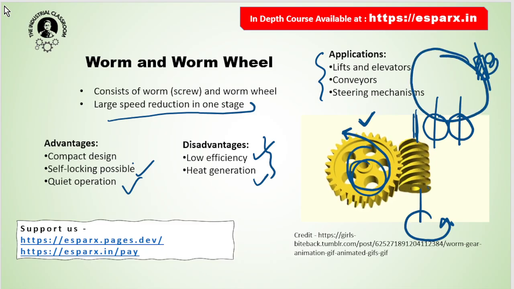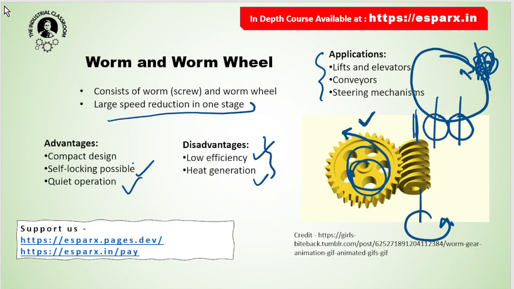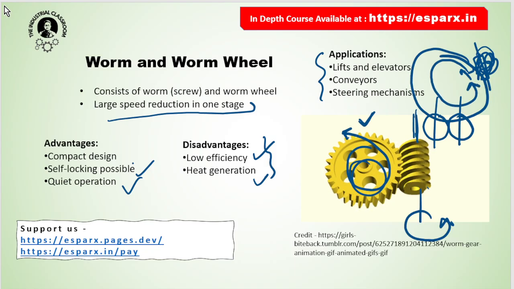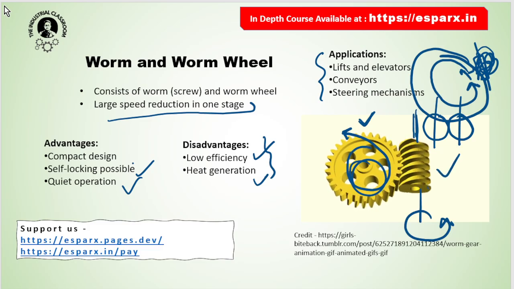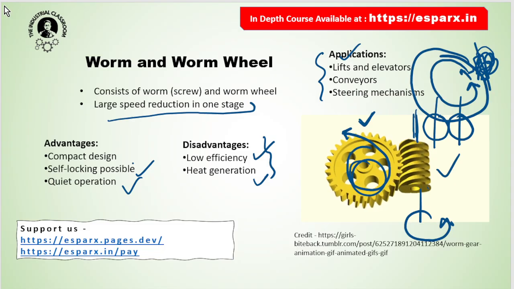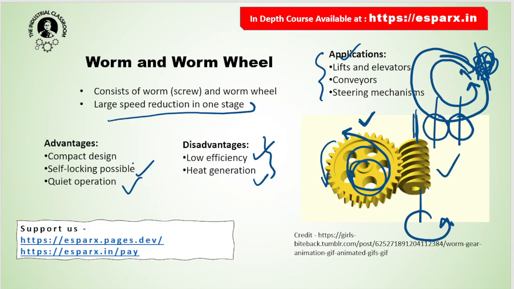So one circular rotation will create a little bit of movement here, then 2, 3, 4, 5 rotations will finally lead to a very small movement in the worm wheel, right? In some applications like lifts and elevators, the motor is rotating at a very high speed, but the movement of the lift is very slow, and due to this self-locking, these are used.